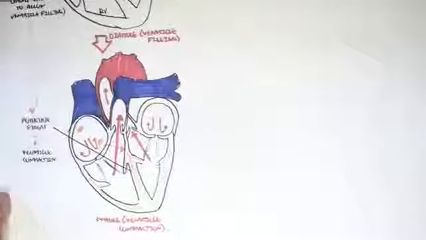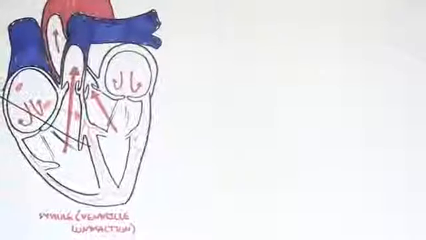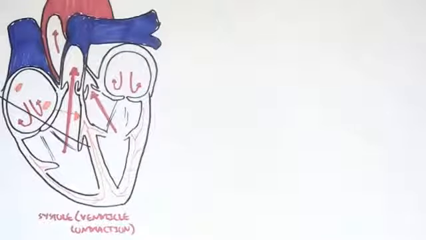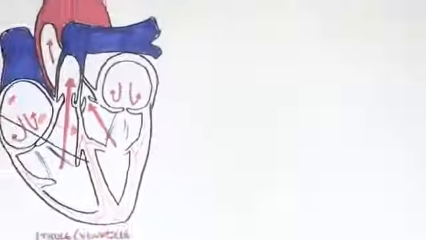Before I continue, please know that diastole and systole can be for both atrium or ventricle, but they tend to be for ventricles. Diastole basically means filling, and systole means contraction. So atrial diastole means filling of blood to the atrium.